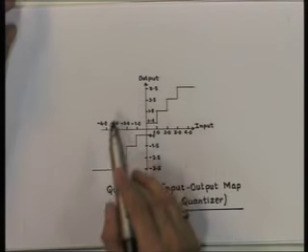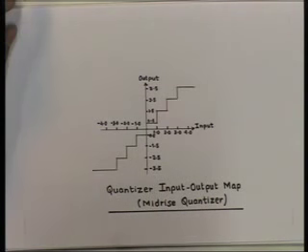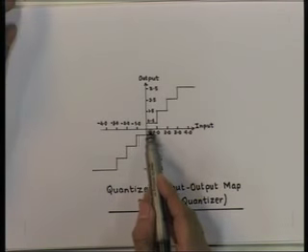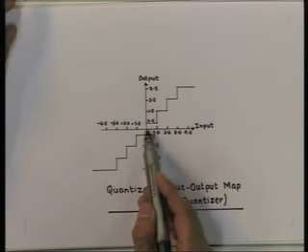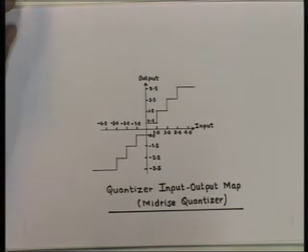This is an example of a uniform quantizer with delta equal to 1. It does not have 0 as one of its representation levels. Such a quantizer is called a mid-rise quantizer.